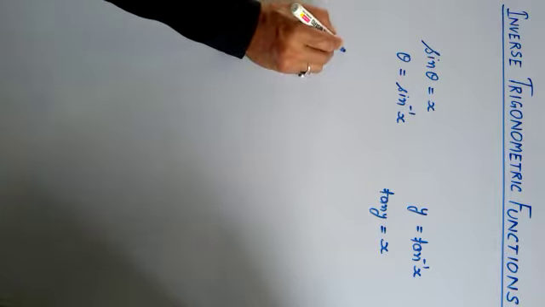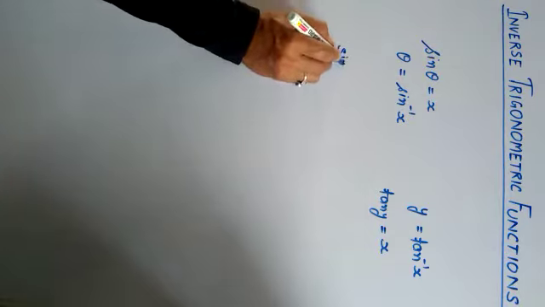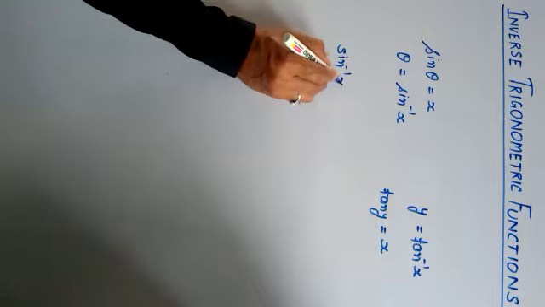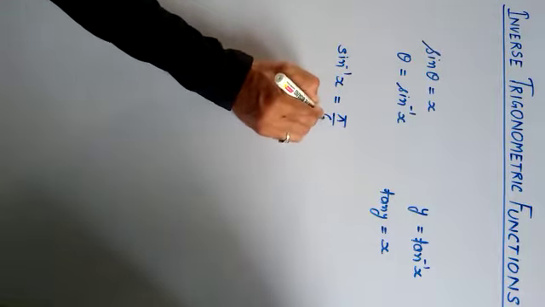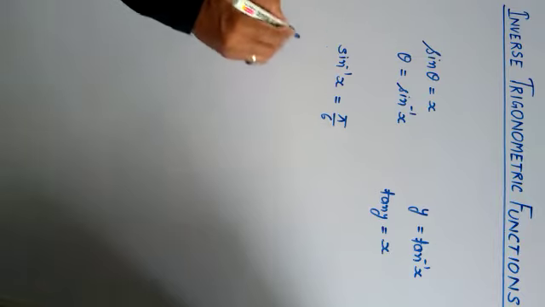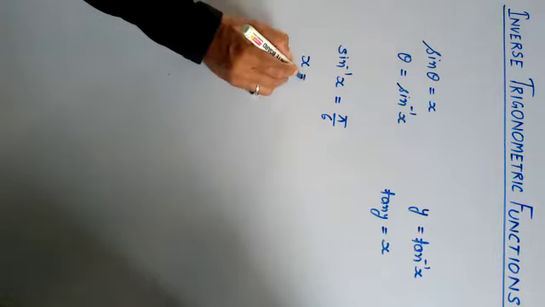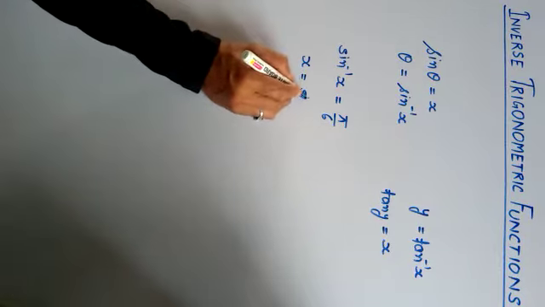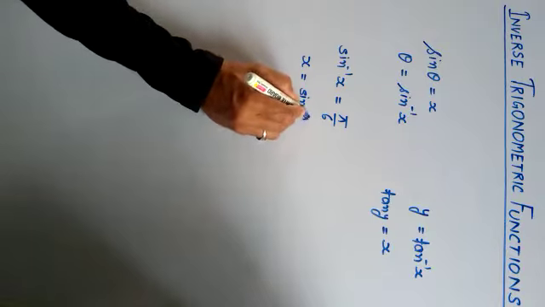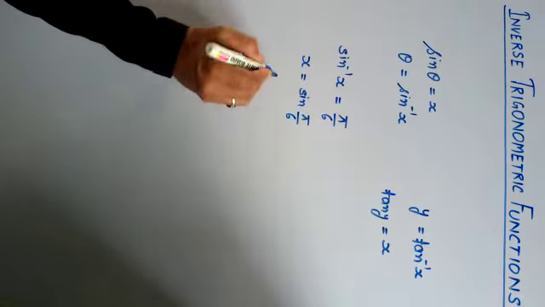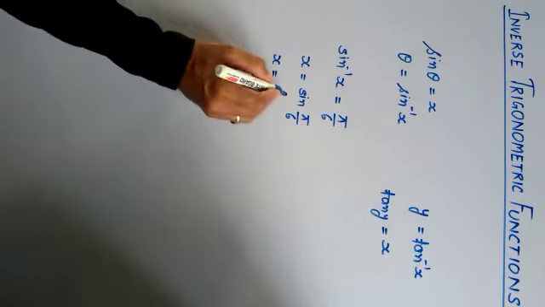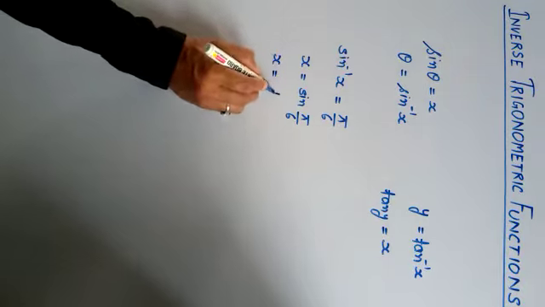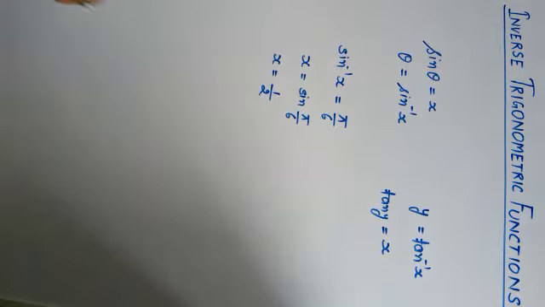Third example, suppose sine inverse x equals pi by 6. So x equals sine pi by 6, which implies that x equals 1 upon 2.